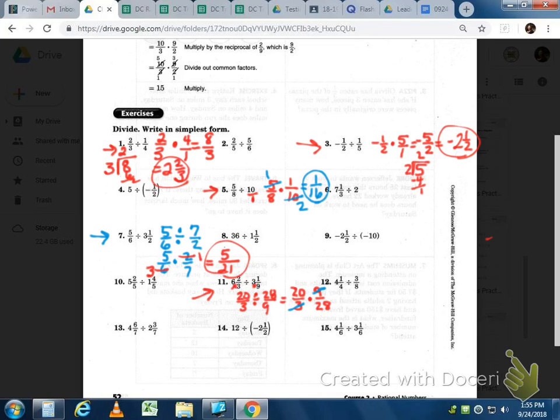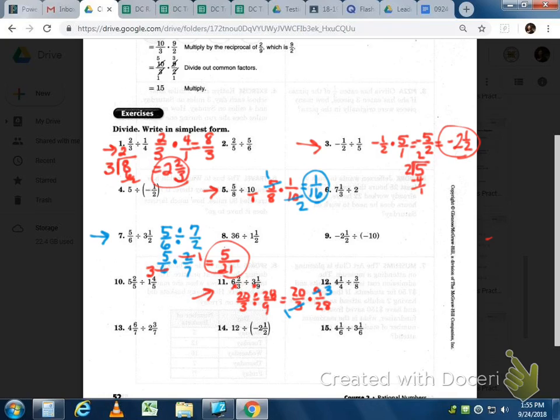So Nico, 3 divided by 3 leaves what? 1. And then 9 divided by 3 leaves 3. Okay, now the other one's a little trickier. Can we see that that's a 3, I hope? That's a 3. Okay, the 20 and the 28.